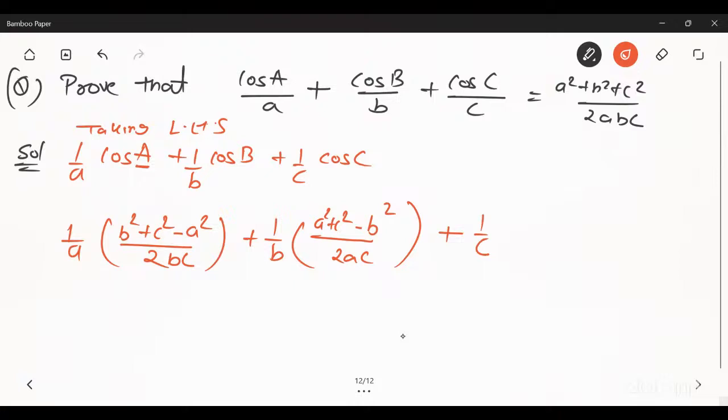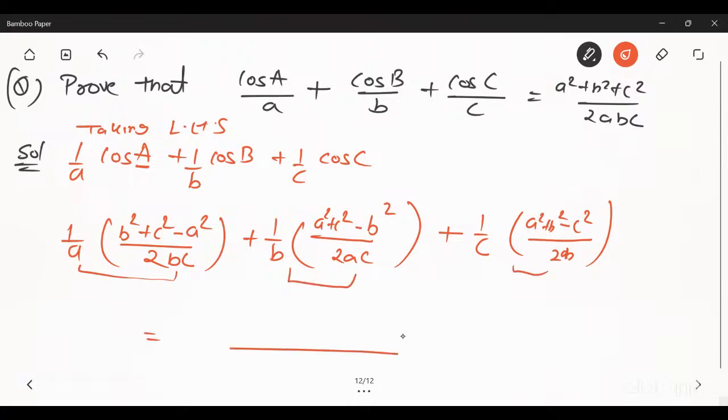The value of cos C will be minus the corresponding side c square, and the other two sides a square plus b square, upon 2ab. Now you have seen 2abc in each denominator, so I will take 2abc common.